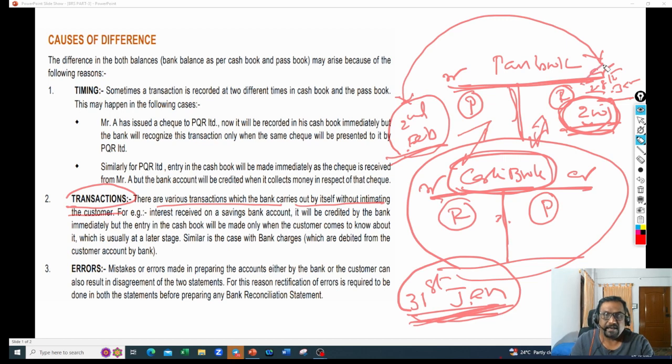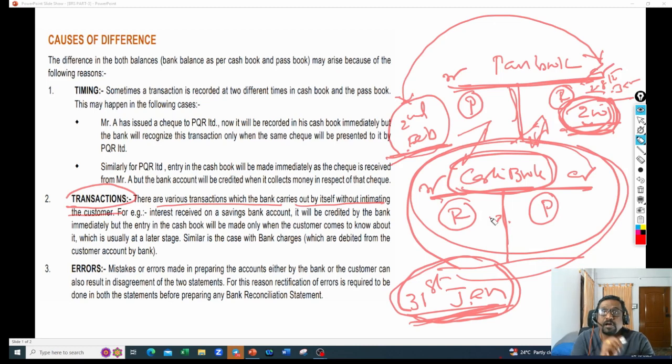The bank credited, but you went to the bank on 2nd February and did not get these details on 31st January. So when you are preparing this on 31st January, you did not record this 200 transaction in your cash book. So obviously there is a difference. The savings account interest will be credited in your passbook by the banker, but you did not debit it in your cash book because you did not get that communication.